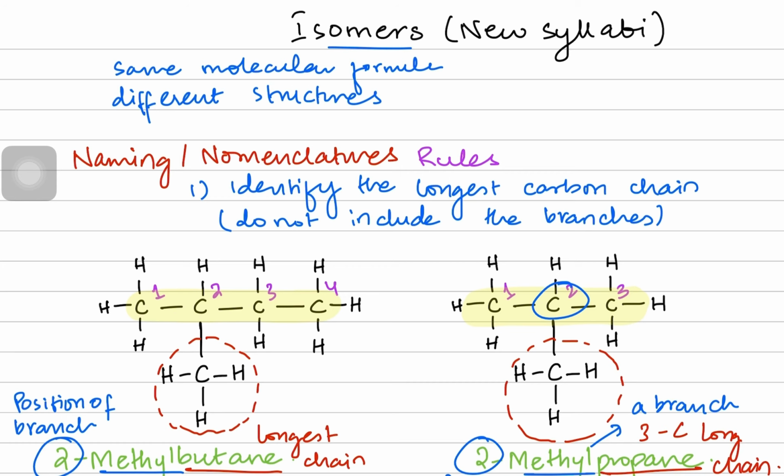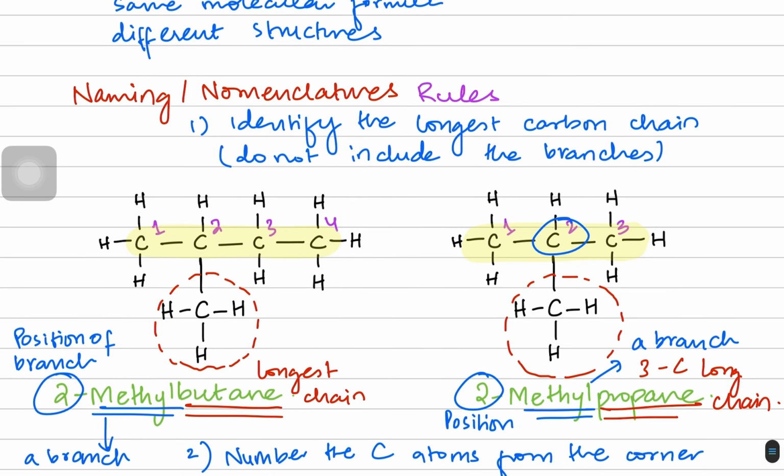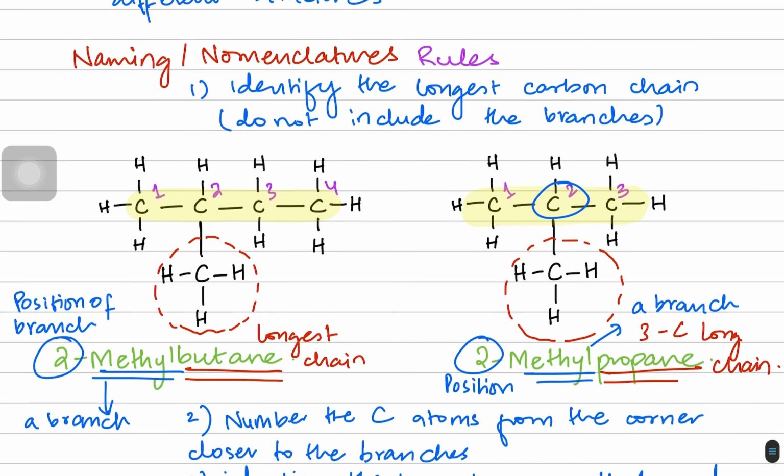In the previous video, we had started talking about isomers and we talked about their definition. And then we also talked about the phenomena of nomenclature within organic compounds. We said that we need to identify the longest chain, especially if it's a branched one. And apart from the branch, whatever longest chain we are left with, we allocate numbers to each carbon atom, especially from the corner wherever the branch is closer.